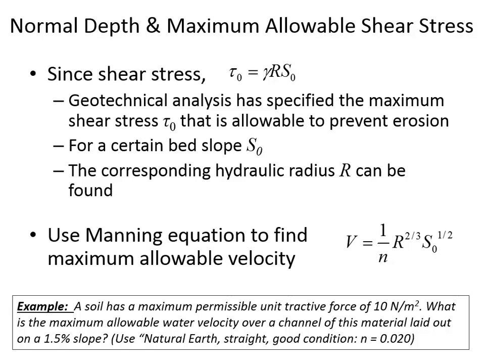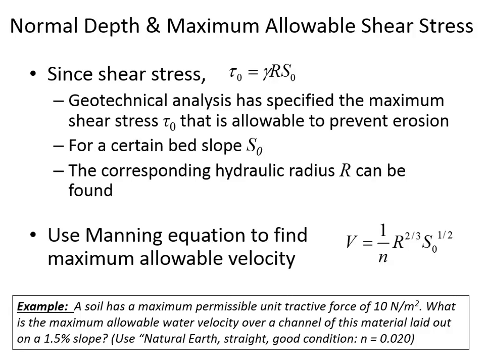We can rearrange the shear stress equation for hydraulic radius. By doing that, it's 10 newtons per meter squared divided by the unit weight of 9.81 kilonewtons per meter cubed, and the channel slope.